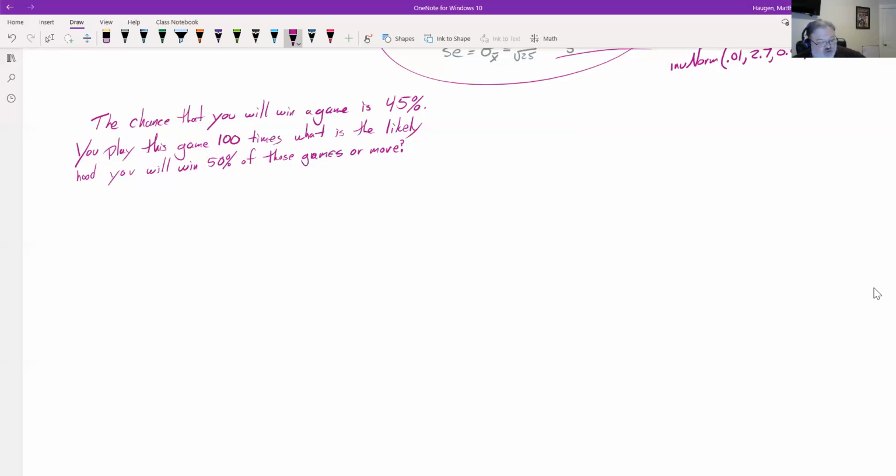What's the chance that we will win 50% or more? Less. So that has to be a good day or a good run. Fair? Is that possible? Sure, it's possible. Our question is, how likely is it? Is it possible to win 100% of them? Yeah. It's probably not going to happen, but it's possible.